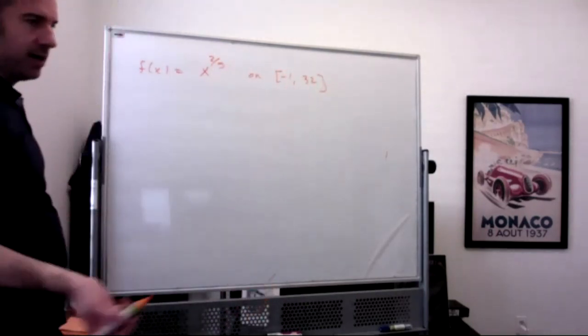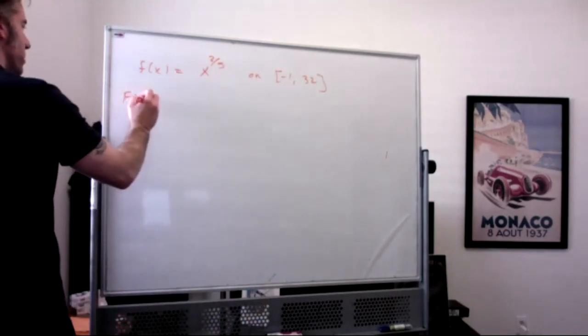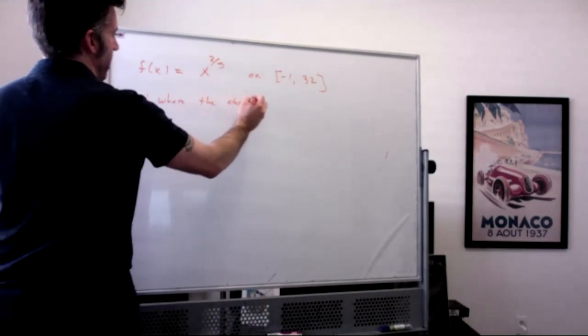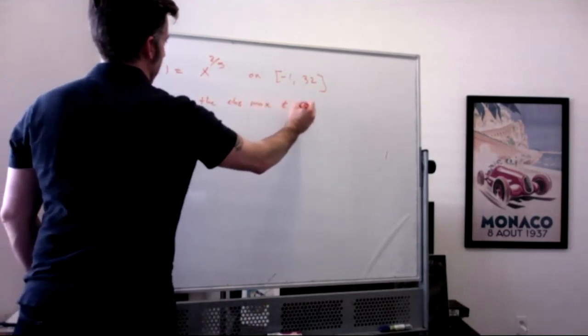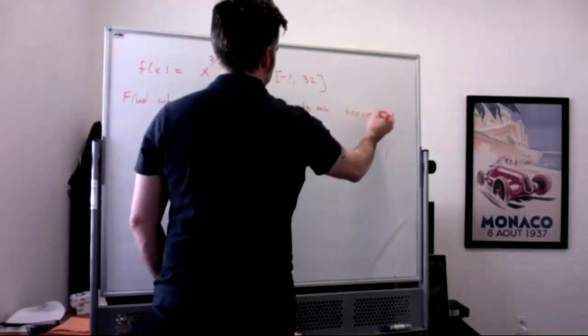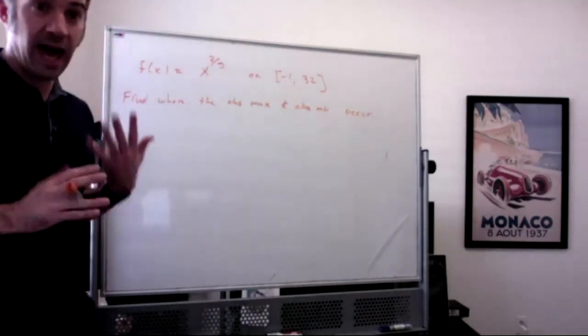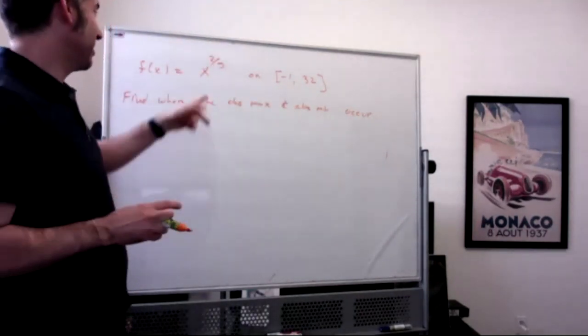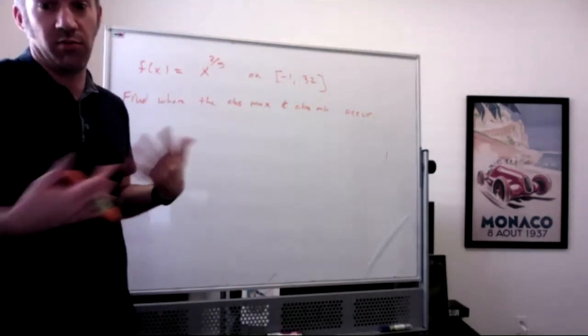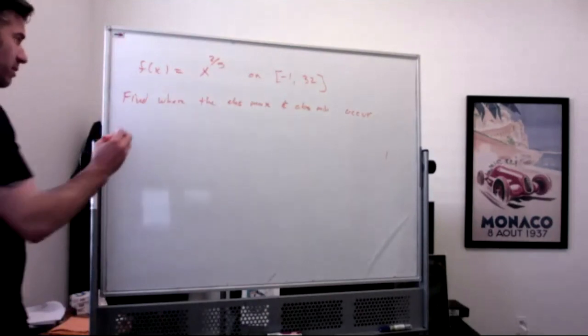And I want to find where the absolute max and absolute min occur. And again, I know they have to because x to the 2/5 is a continuous function on that interval. There are no breaks. So I'm going to find the derivative.